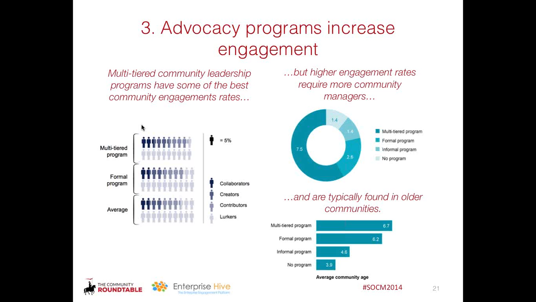And having those differentiated, multifaceted roles really had the biggest impact on communities. One implication of advocacy programs is they do require more community managers to manage because you're dealing with more administrative pieces, and they're typically found in older communities, although we're seeing that advocacy programs get started in newer communities more and more.